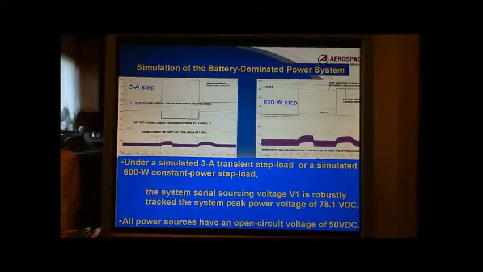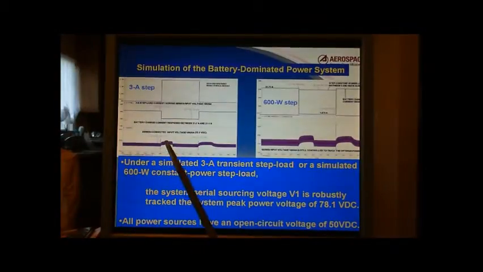That doesn't affect the total sourcing power, because in the maximum power tracking mode, the total sourcing power remains constant since the sourcing parameter is still the same. As a result, the transient voltage of the total series connected input voltage V1 remains at the same steady state.